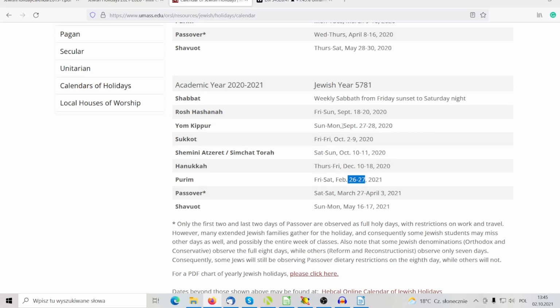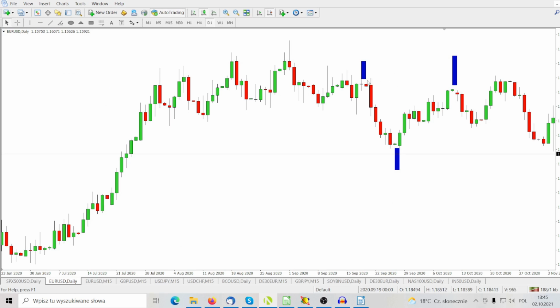September 2020, we got 18, 20, 27, 28, October 29th, October 2nd, October 9th, it shows. This is the September 18, this is the September 28, 29, which shows another one. This is October the 10th, and so on.